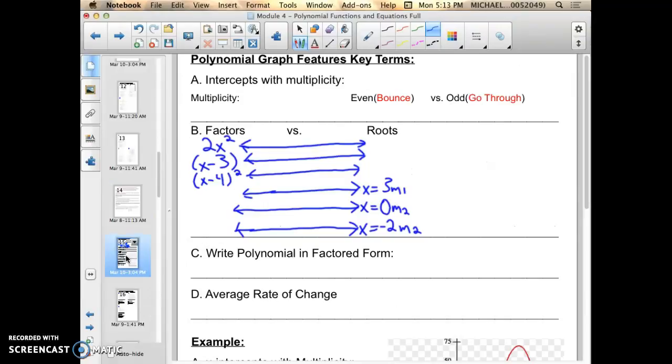Before I show an example of this, I have to talk through some key terms in greater detail. So let's go through that. Part A, intercepts with multiplicity. When you say multiplicity, all it means is how many times the solution exists.